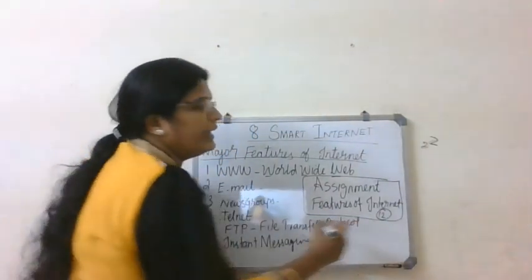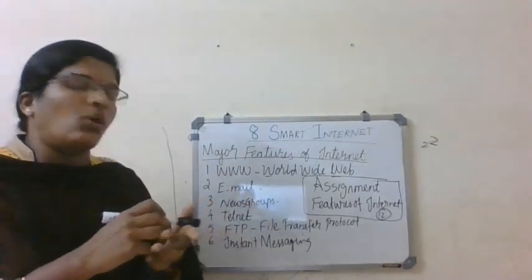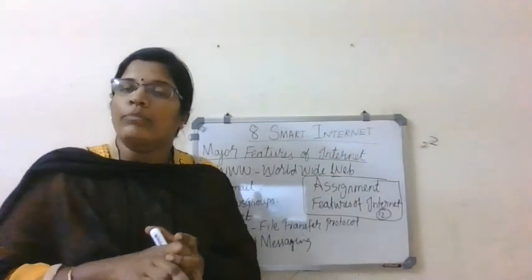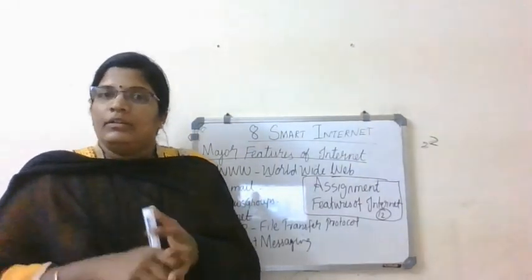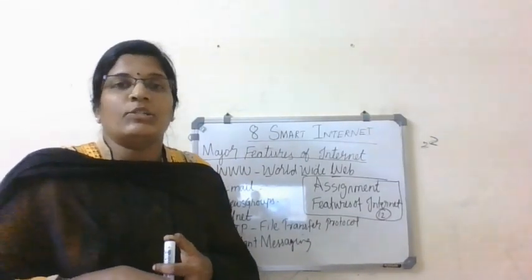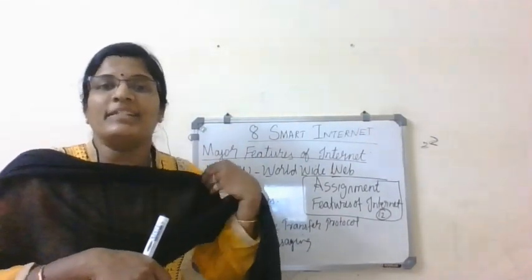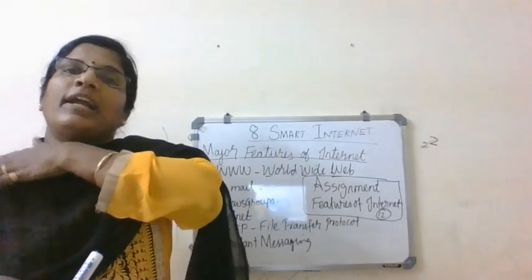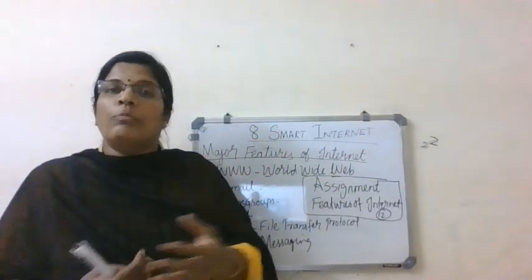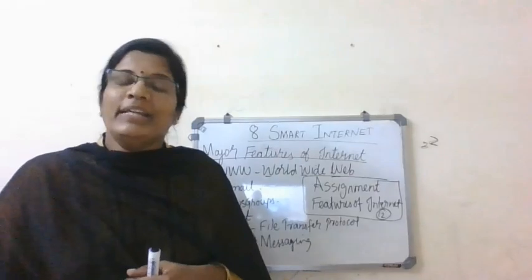I can give you some clue, like e-commerce. It's one of the best features, buying and selling products. That is also one of the features. Likewise, you know more than me, I think. Just think about it.